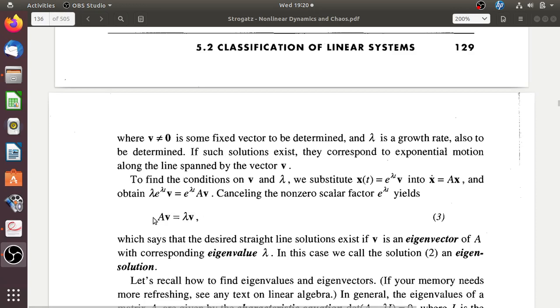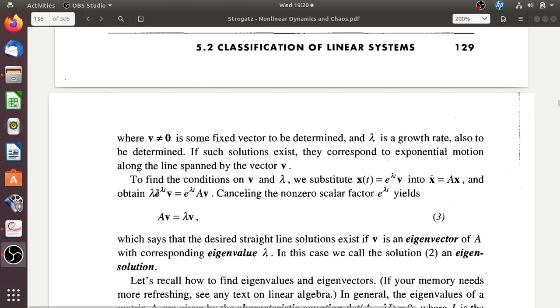In this form, v represents a particular vector, a set of initial conditions which is represented as a particular vector in the phase portrait.